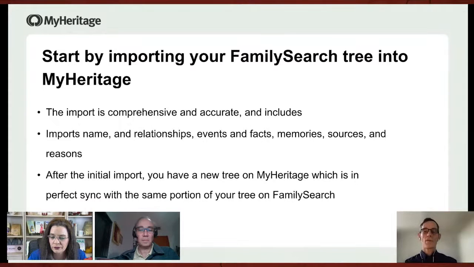Basically, everything that you have on FamilySearch about your family will be transferred to MyHeritage when you decide to start this. After the initial import, you have now a tree on MyHeritage, which is an exact copy of part of your FamilySearch tree. And you can work on it and then update FamilySearch using the research that you have done on MyHeritage.